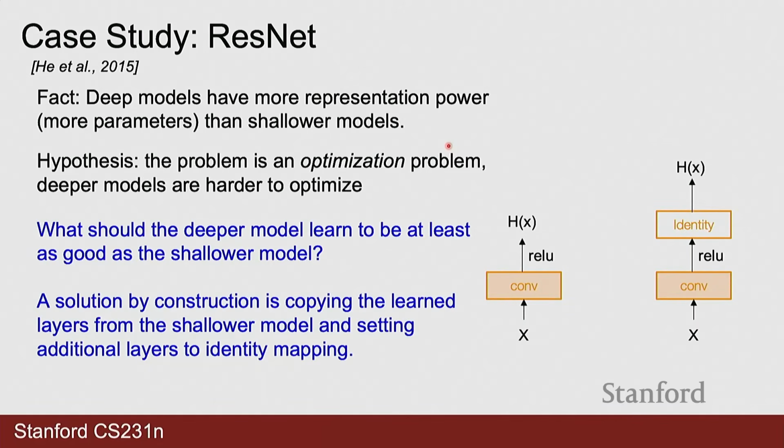So I sort of hinted at it before, but how specifically could the deeper model learn to be at least as good as a shallow model? If we have a 1-layer model on the left and a 2-layer model on the right, and we set one of the layers to just be an identity function, the model should be at least as good as the shallow model.